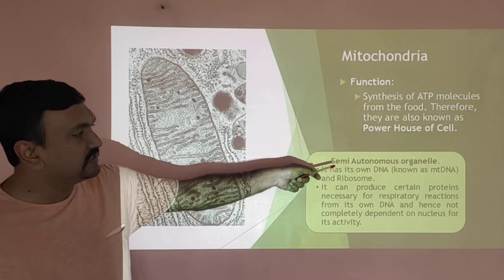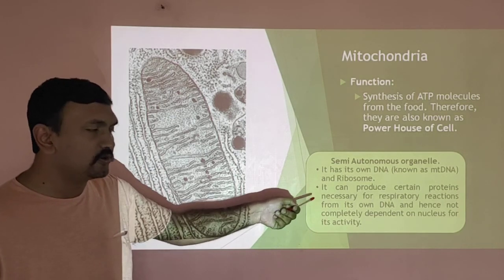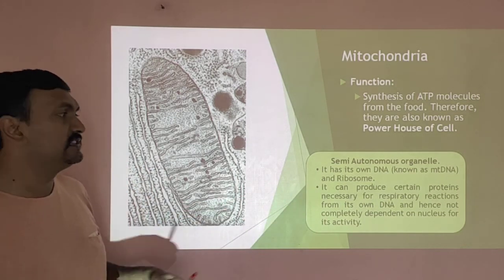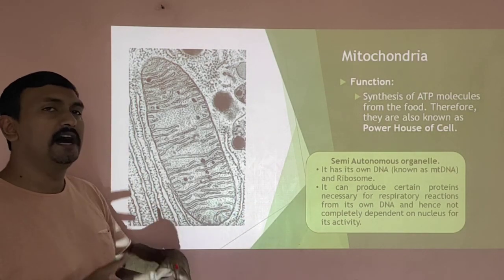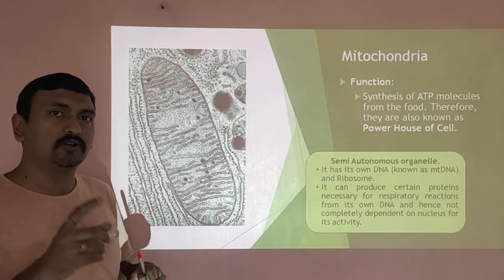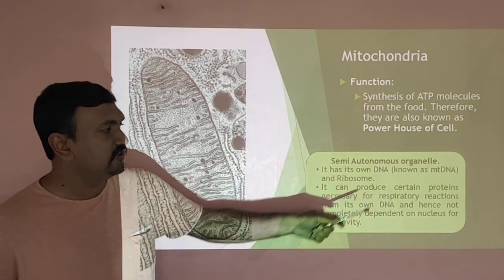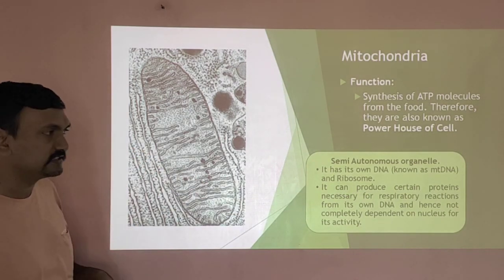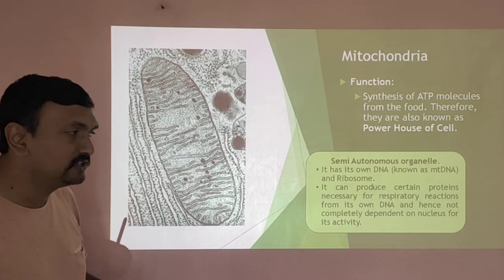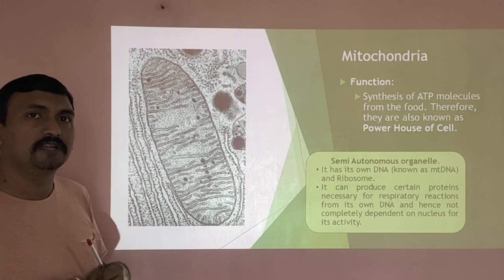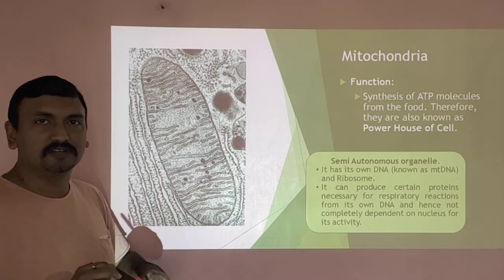Because of this DNA and ribosomes, it can produce certain proteins by itself which are necessary for respiratory reactions, from its own DNA. But for other proteins, it has to depend upon the DNA present in the nucleus. So understand, for the respiratory reactions a lot of different proteins are necessary. Some proteins it can make on its own, so autonomous, and some proteins it has to depend on the nuclear DNA for, that is not autonomous, therefore it is a semi-autonomous organelle.